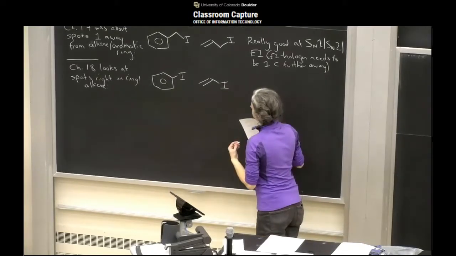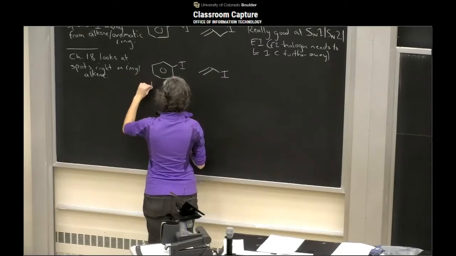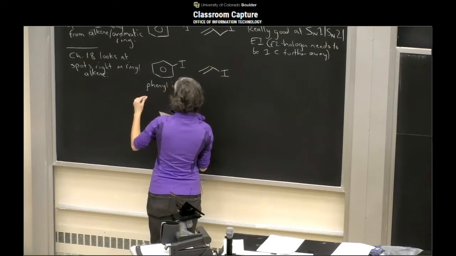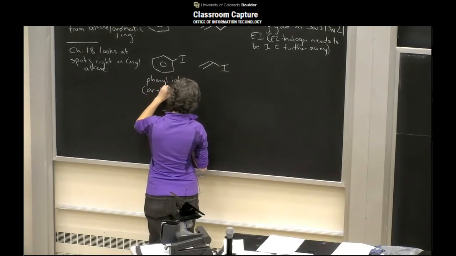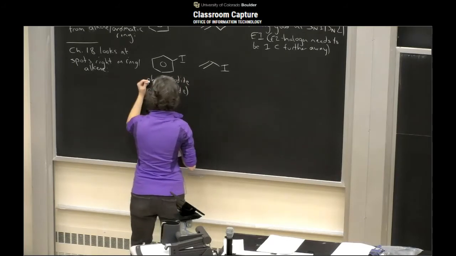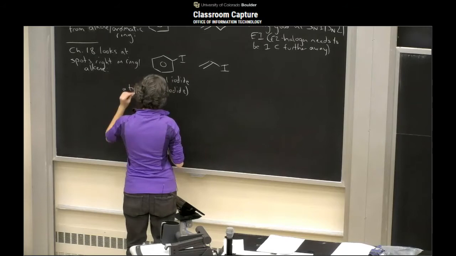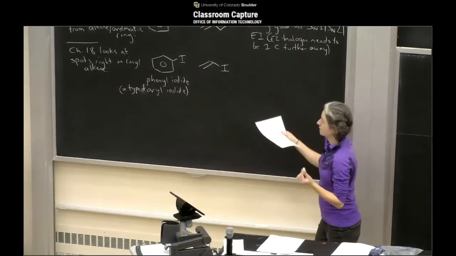So this particular one is phenyl iodide, which is a subset of aryl iodides. And this one is vinyl iodide.